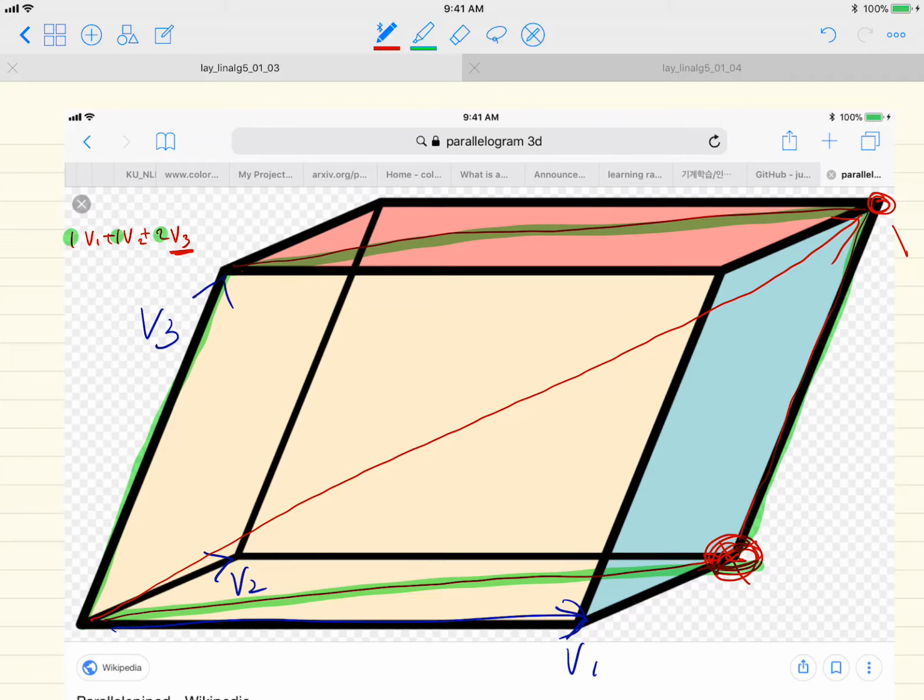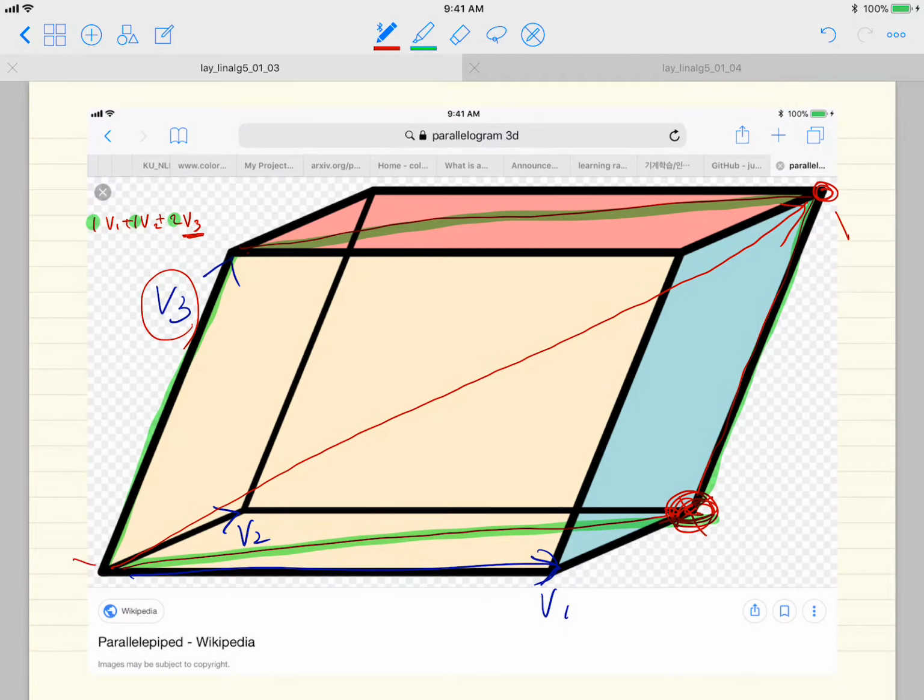So we now stretch out the length of this vector V3 twice. Suppose this one has twice the length of the original vector. In that case, our parallelogram in this three-dimensional space will change, and thus the corresponding point will also change, right?